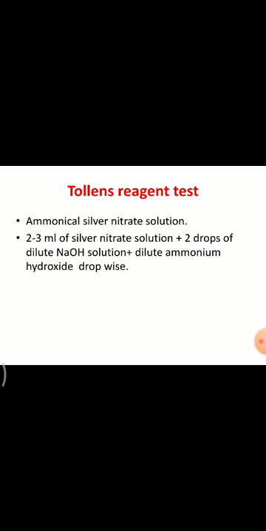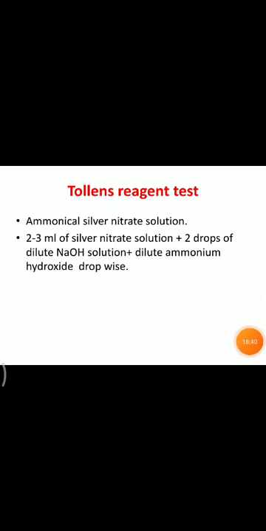First of all, for this we have to take 2-3 ml of silver nitrate solution in a clean and dry test tube. Then to this we have to add 2 drops of sodium hydroxide solution.